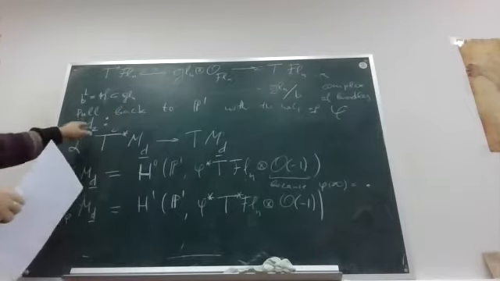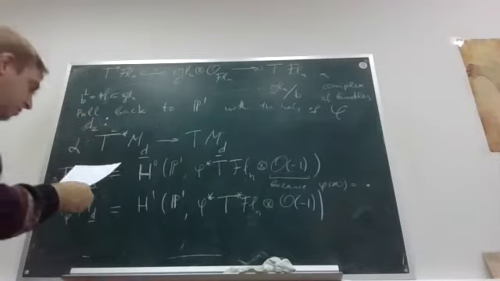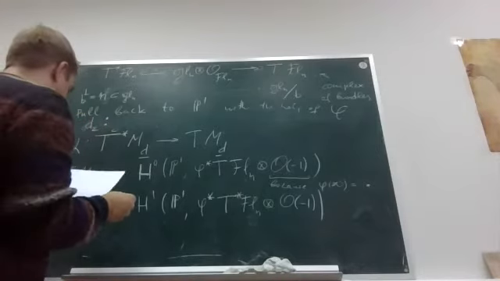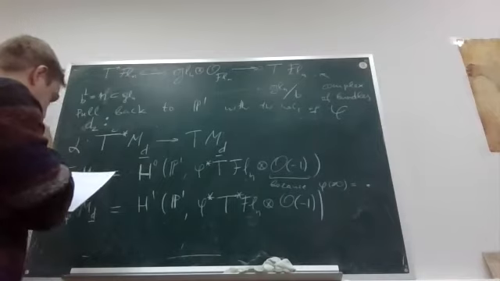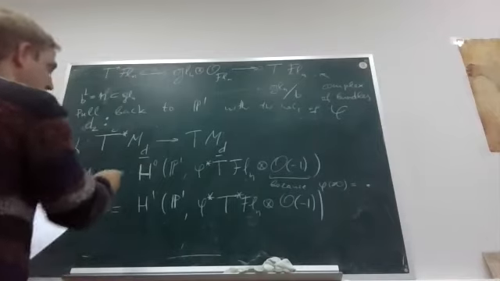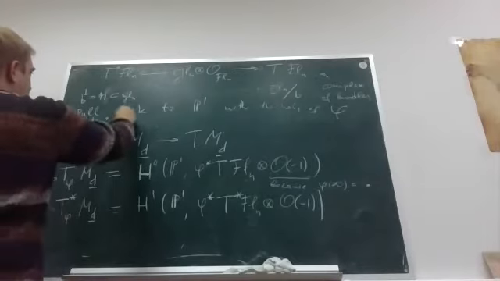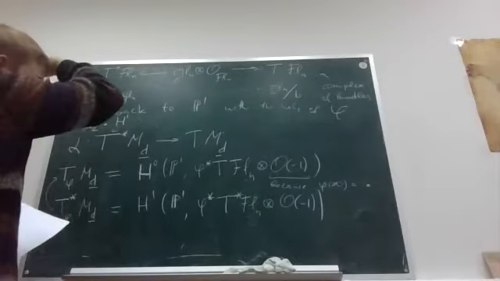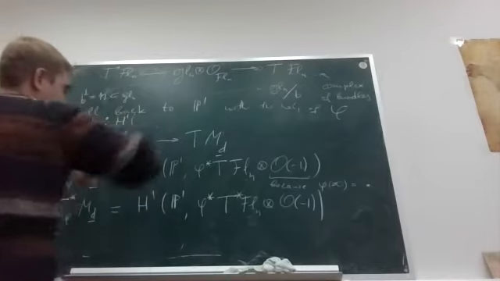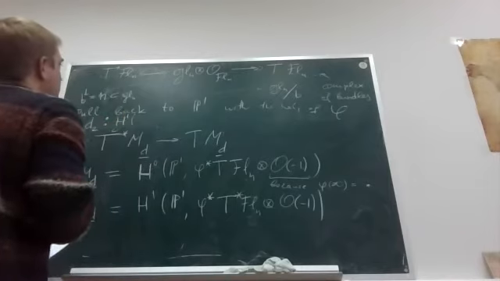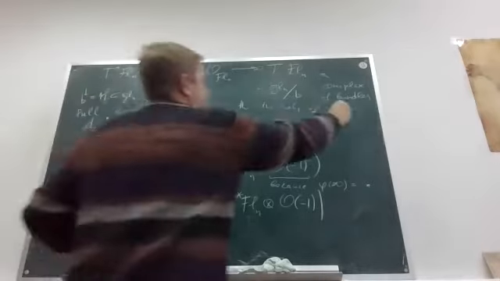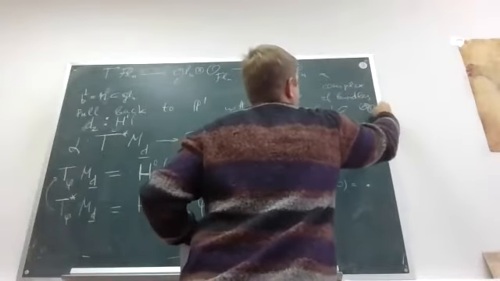In the spectral sequence computing hypercohomology, what we get will be a map from H1, pulled back and twisted by O of minus 1.